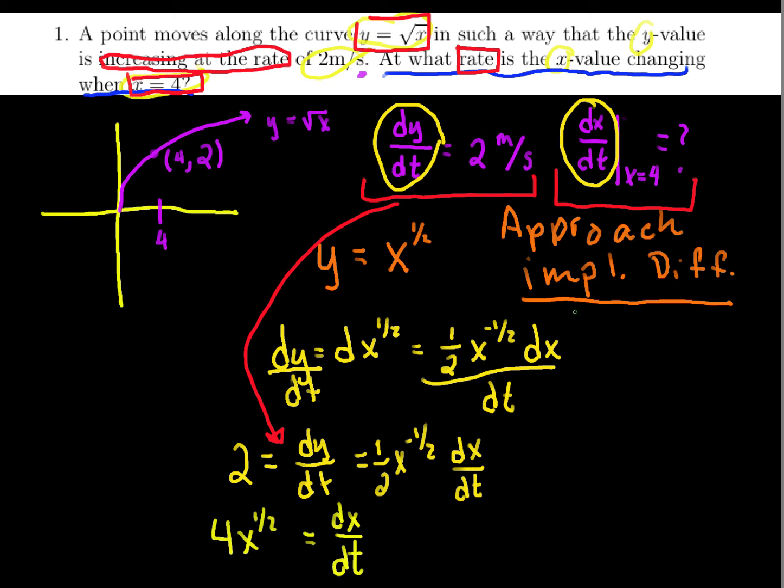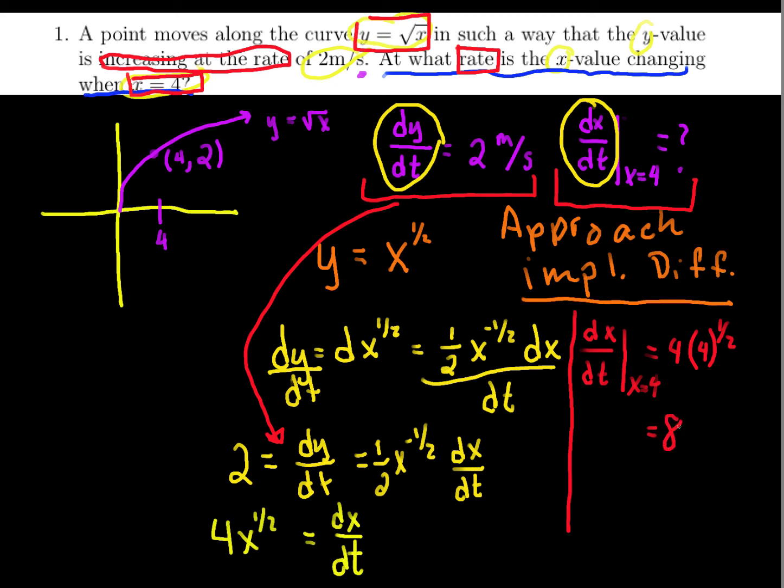And now I can put that together because I have an equation. dx/dt when x equals 4 is equal to 4 times 4 to the 1/2, which is equal to, well, the square root of 4 is 2, so this is equal to 8.